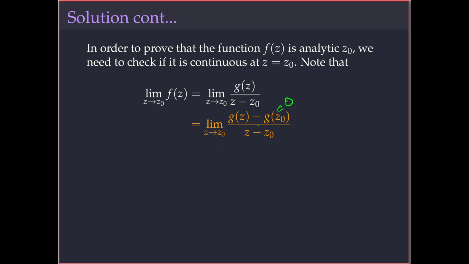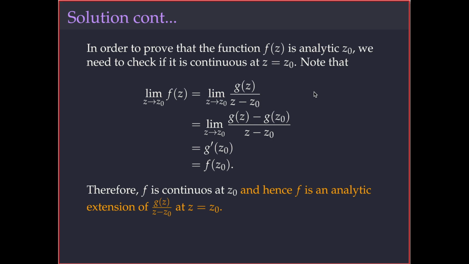I can write this as (g(z) minus g(z0))/(z minus z0), because g(z0) is 0. As we have already seen, this is g prime of z0, and this is the value of f at z0. So this limit value is the same as f(z0). Therefore f is continuous at z0, and hence using the Riemann removable singularity theorem, f is an analytic extension of g(z)/(z minus z0) at z equals z0.